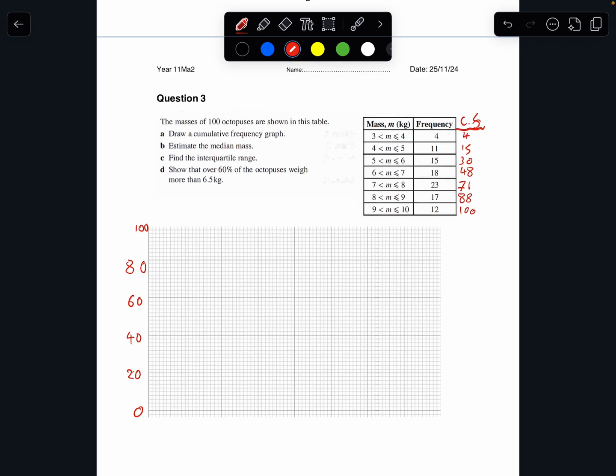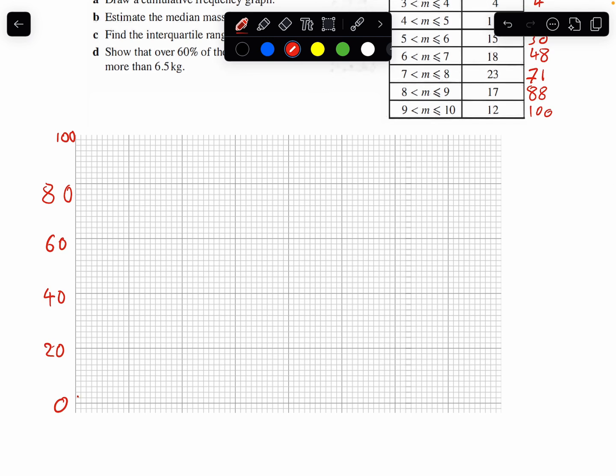Something like that. Is that right? 1, 2, 3, 4, 5, 6, 7, 8, 9, 10. Cool. Always a bit of a pain when it's not perfectly cut out. So actually it needs to be a little bit higher, which is a complete pain. Let's not worry about that too much.